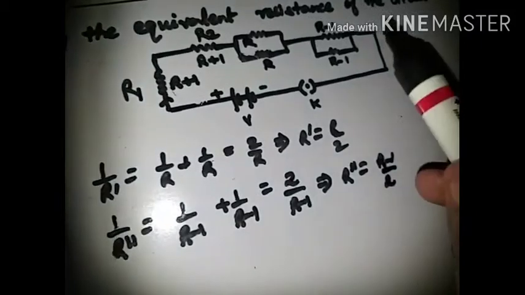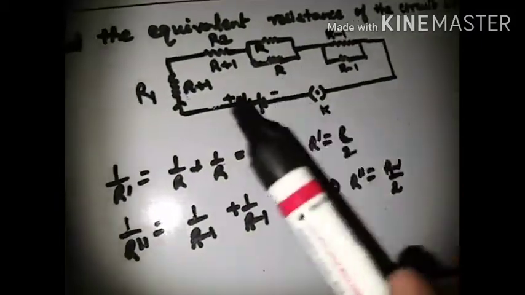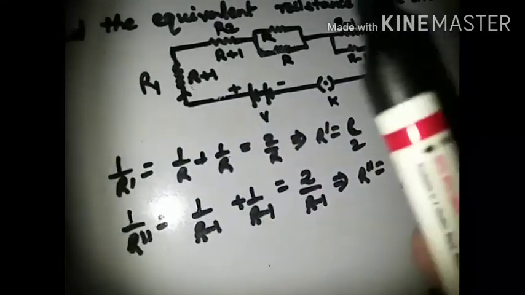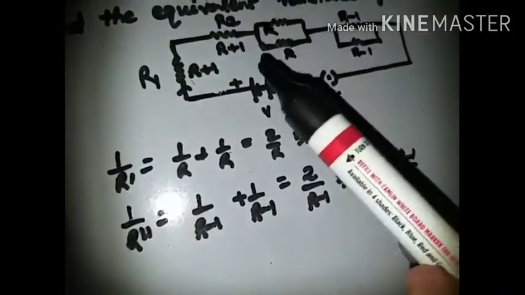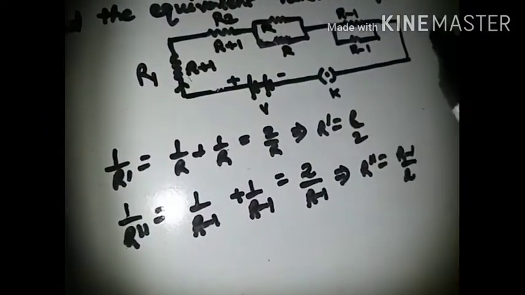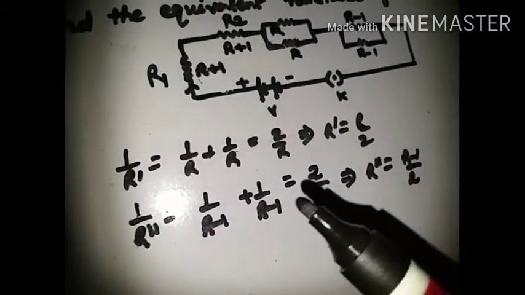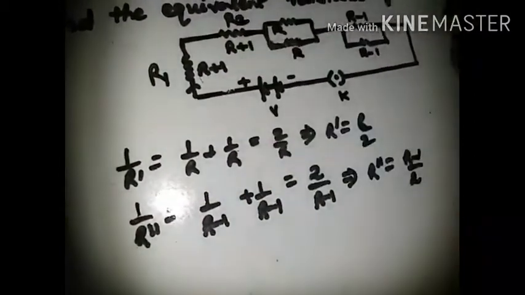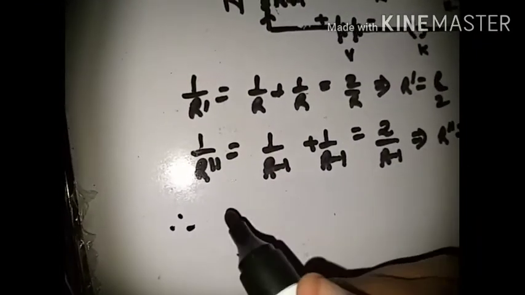Now we have 4 different resistors and all of them are connected in series. So now we can use the equivalent resistance formula. Let us substitute the values one by one and find the total resistance of the circuit. We have 4 resistors: R1, R2, R dash and R double dash.